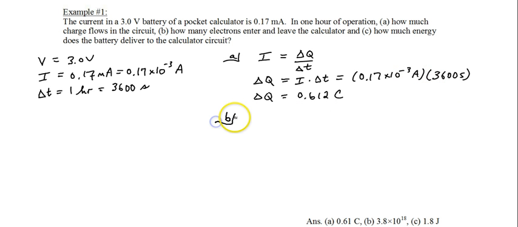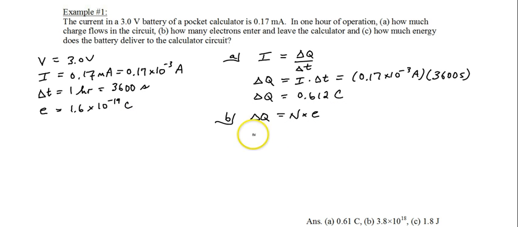Okay, going on to part B, we're looking for how many electrons enter and leave the calculator. And if you recall, Q is equal to the number of electrons times e, which is the charge of an electron, and e is equal to 1.6 times 10 to the power negative 19 coulombs.